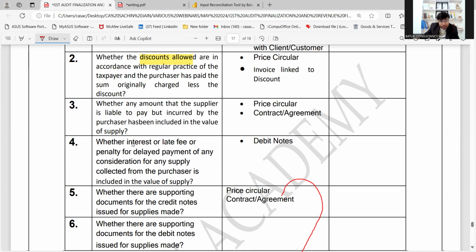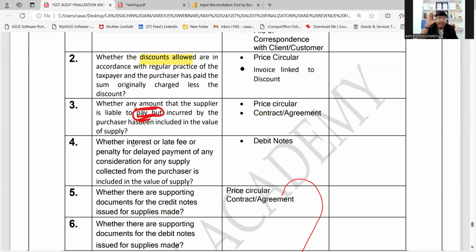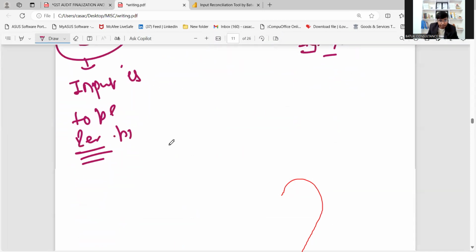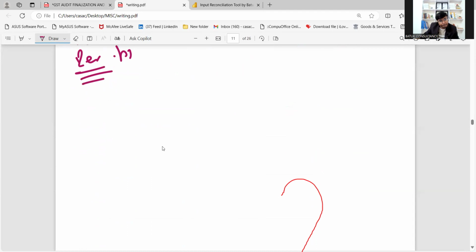If there is any amount that the supplier is liable to pay, we just need to ensure whether any such amount incurred by the purchaser has been included in the value of supply. Suppose I have made a particular supply of a service.